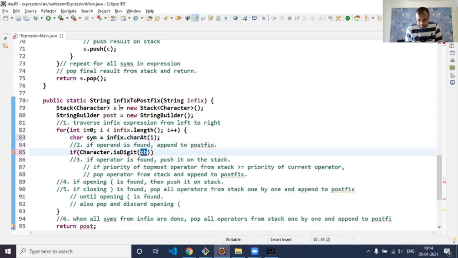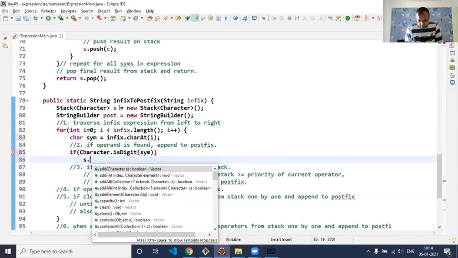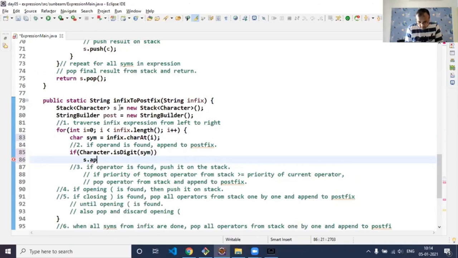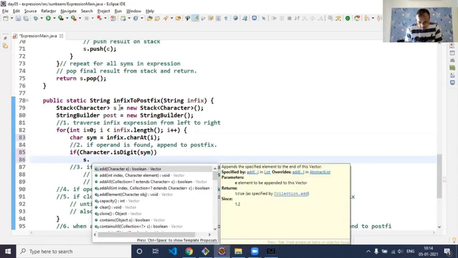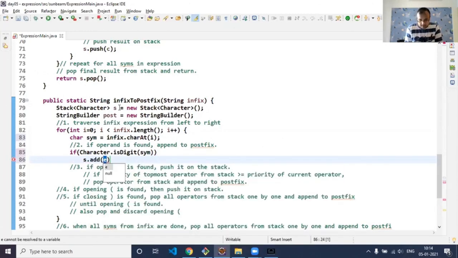And if the symbol is a digit, you want to append it. So s.add, and let me add that symbol. I guess this part is done.